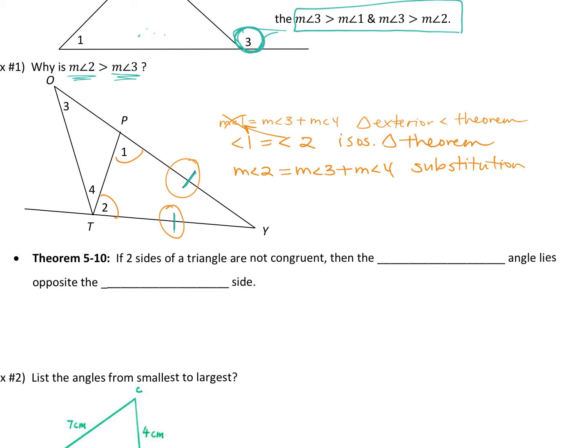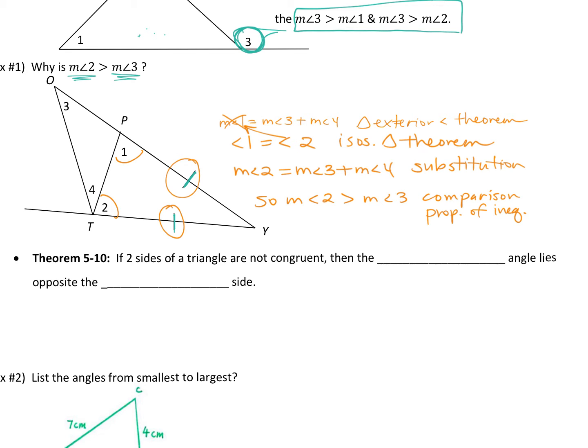Well, if the measure of angle 2 equals 3 plus 4, the comparison property of inequality says that 2 is therefore bigger than 3. Okay, so the measure of angle 2 is greater than the measure of angle 3 by the comparison property of inequality.